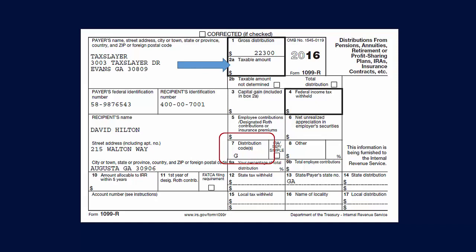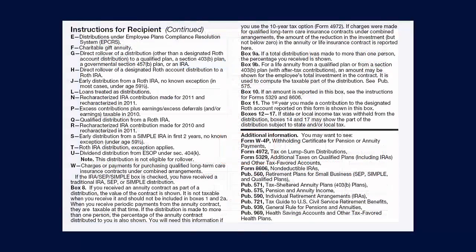Notice in box 2A, there's no taxable amount. The gross distribution in box 1 is $22,300, but in box 2A, the taxable amount is blank. So if we flip over the 1099-R statement, we see here code G indicates a direct rollover of a distribution.